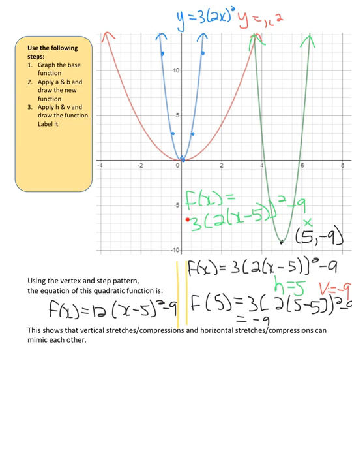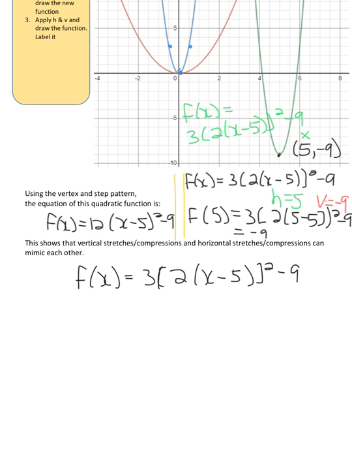The first one had an a value and a b value, and the second equation only has an a value. So in grade 10, you did not need to talk about b values because you could also write the equations of quadratic functions in terms of a values only. And this really is showing us that vertical stretches and compressions and horizontal stretches and compressions can mimic each other. They can imitate each other.